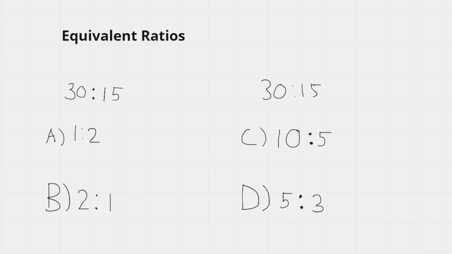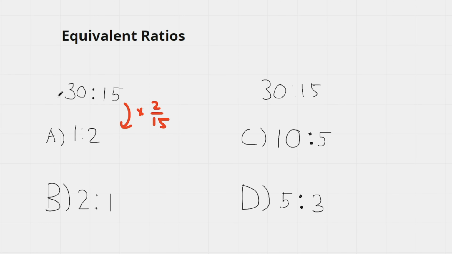In this example we're given a ratio 30 to 15 and we have to determine which of these options, A, B, C, and D, are equivalent ratios. Let's look at the first one. 15 times 2 over 15 equals 2, since 15 cancels out.